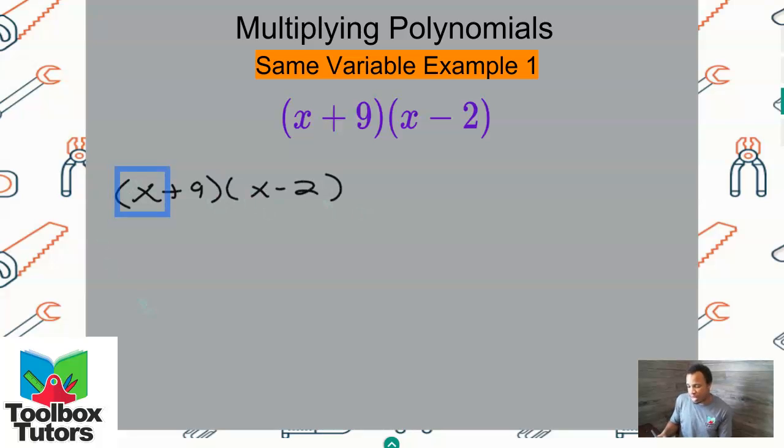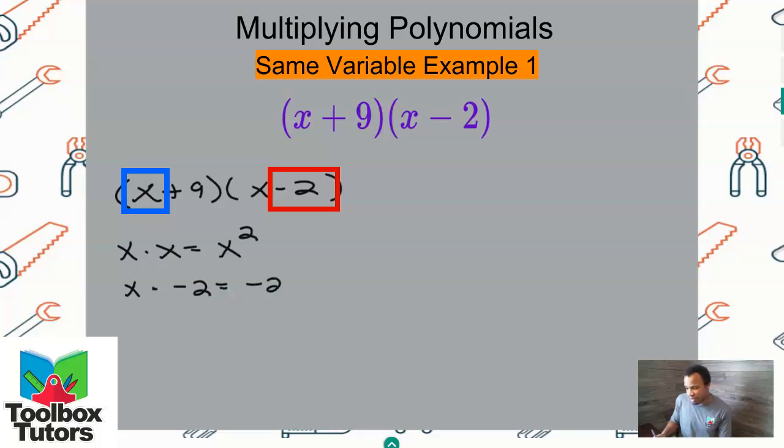Our first term will be x, and we'll multiply x times x. x times x gives us x squared. Next, we have the first term in the first parentheses, x, times the second term in the second parentheses, negative 2. That gives us negative 2x.